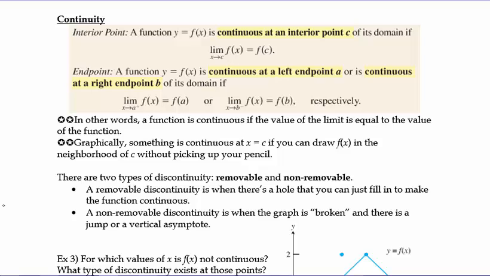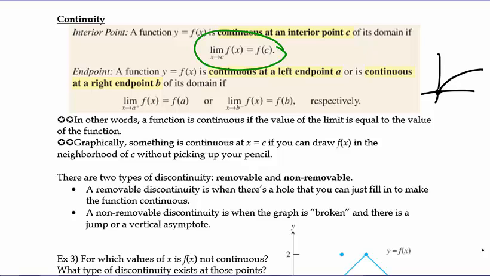Now, what does that mean mathematically? Well, mathematically, that only happens when the limit and the function equal the same value. So if the limit exists and it equals the function value, then your function is continuous at whatever point that is. Now, what if it's an endpoint? What if there is no two-sided limit? You're at a function like y equals the square root of x, and it looks like this, and it ends right here. Can that be continuous at 0?